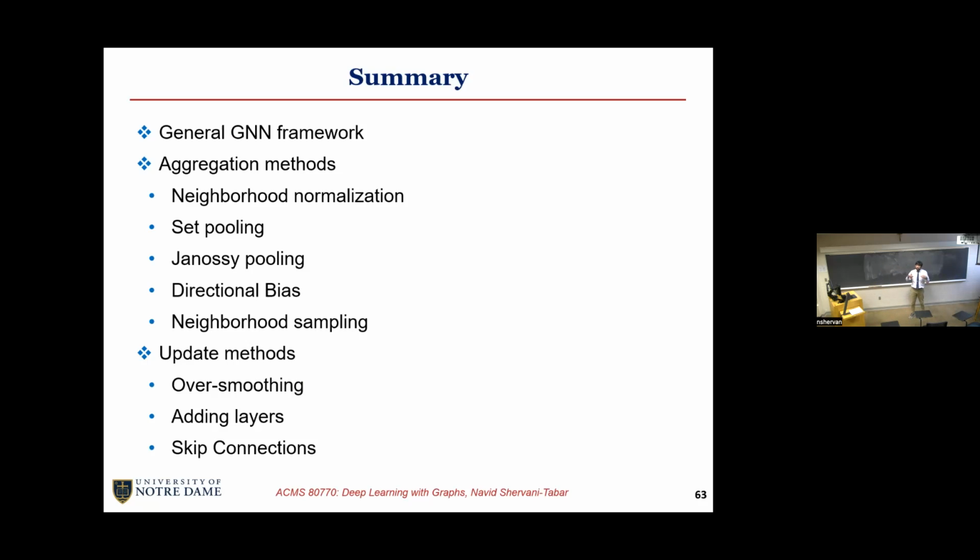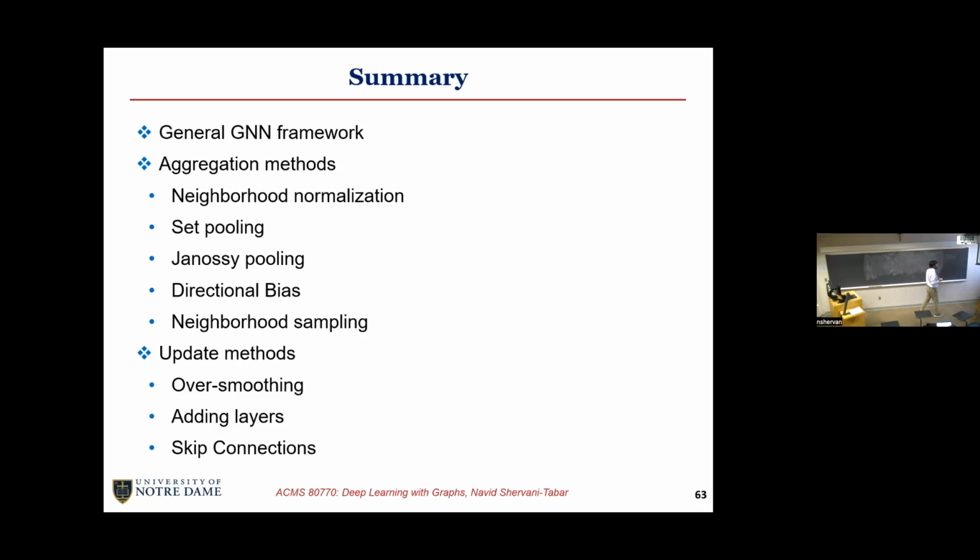And then we said that in order to build a model, we're going to stack these GNN layers on top of each other, and that's going to give us a model. Then we said that we need to train this, right? So we're going to define a training objective for this model that takes the outputs of the previous layers, and computes some objective function, some loss function, in order to make some prediction.